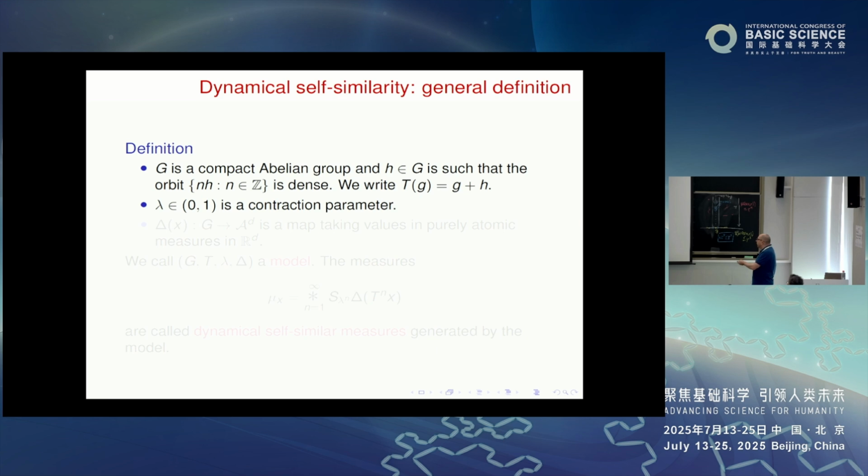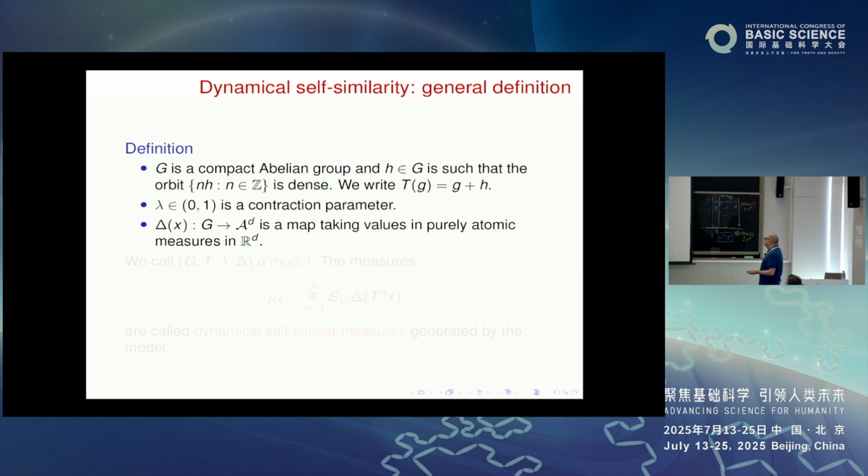Then we have our contraction, just some contraction parameter, and then we have our function delta. So what is delta? It's a function that takes us from the group to a measure that has boundedly many atoms. But let's say finitely many atoms, but actually we need an upper bound on the number of atoms.